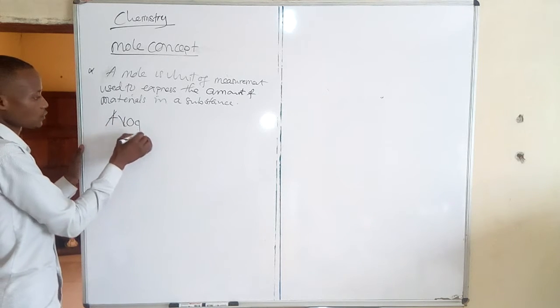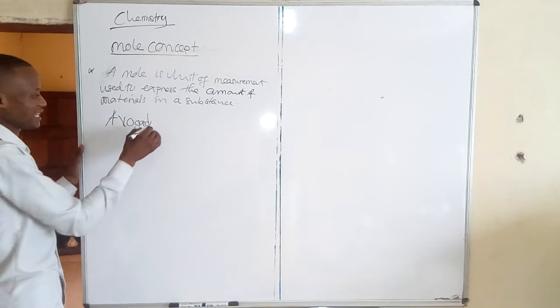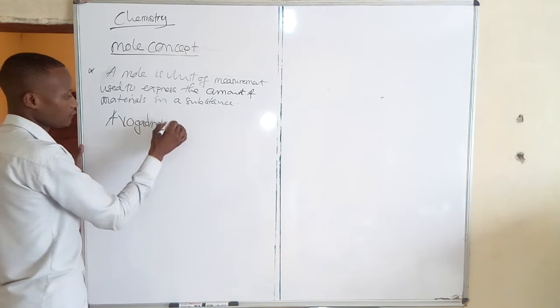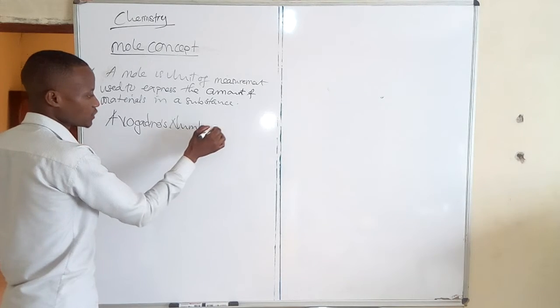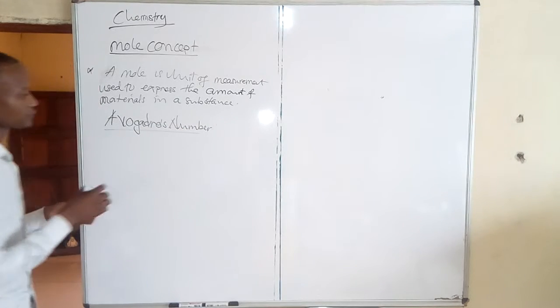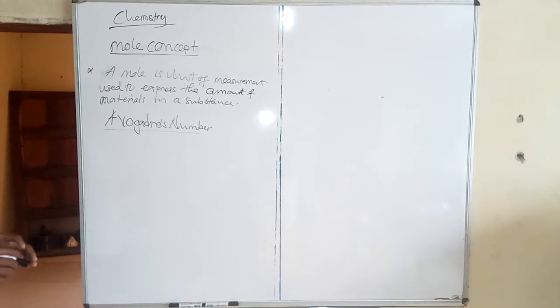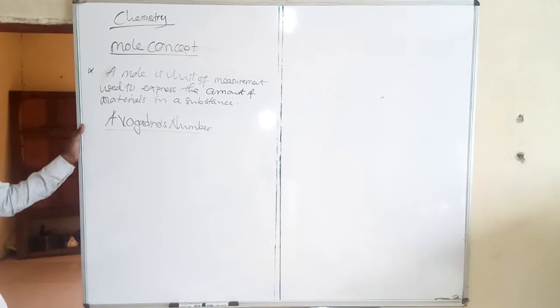So Avogadro's constant or Avogadro's number. The Avogadro's number or constant is the number of particles present in one mole of a substance.